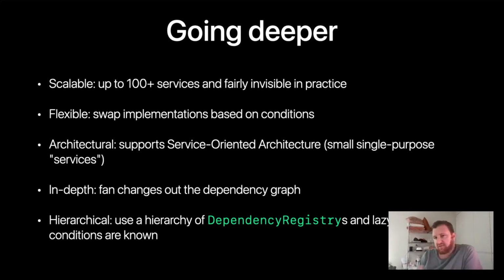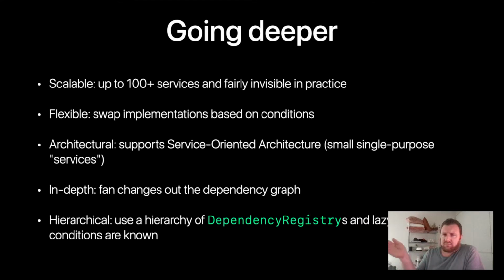As I said, it's quite flexible. You can swap the implementations based on conditions. The example I always give when I'm talking about this is different authentication providers. You might integrate with Auth0, or with AWS, or your Google Cloud, or Twitter, or your social media logins, those sorts of things.